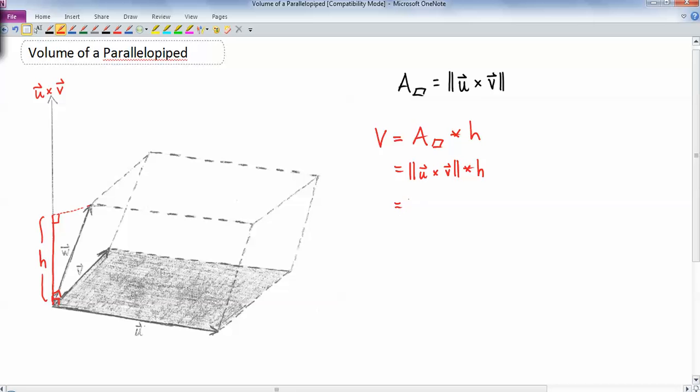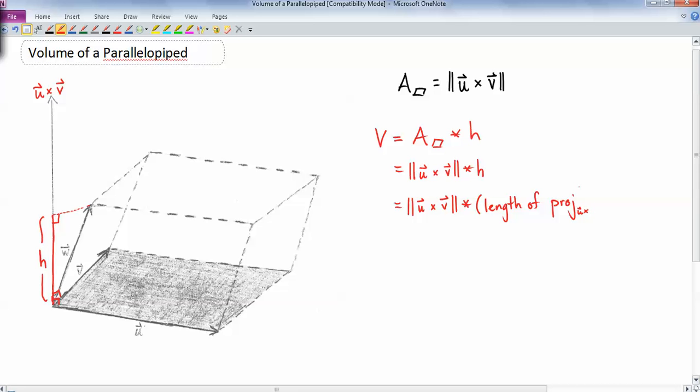So this is really the magnitude of U cross V times the length of the projection. So the projection would actually be this vector right here. What I want is the length of the vector. So times the length of the projection of W onto U cross V. So there's the notation for it.